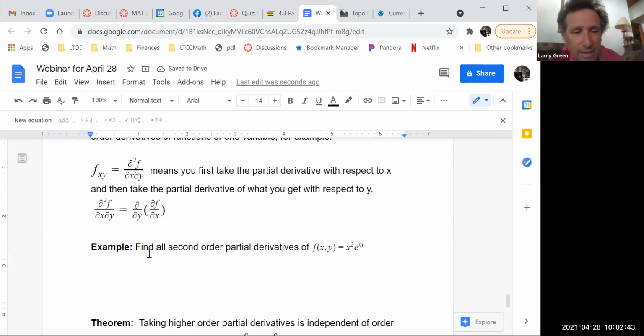So let's find all second order partial derivatives of f(x,y) equals x squared e to the xy. Okay, so the first thing is, how many second order partial derivatives are there? How many of them are there?